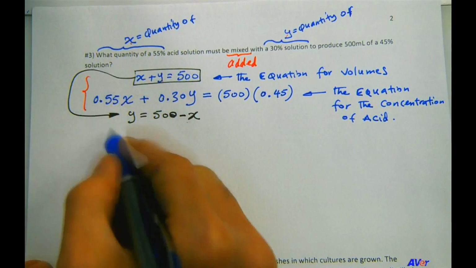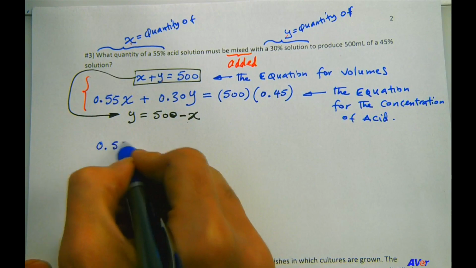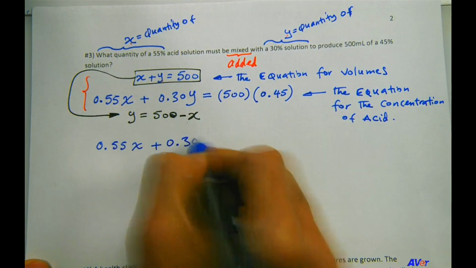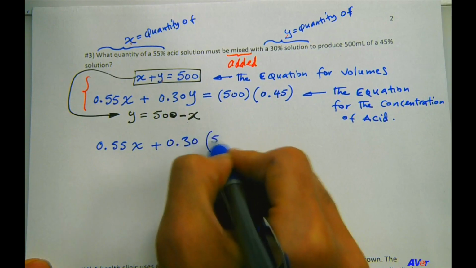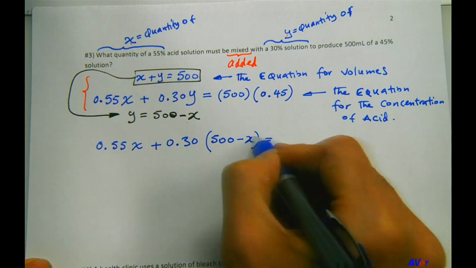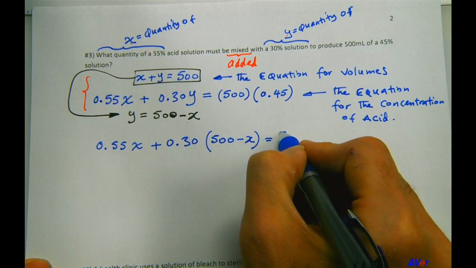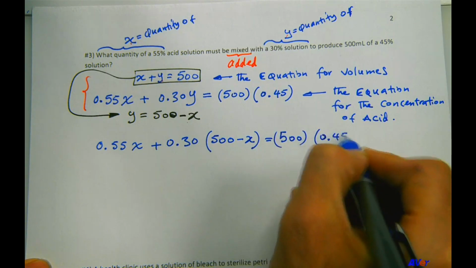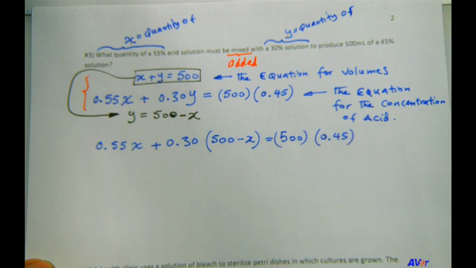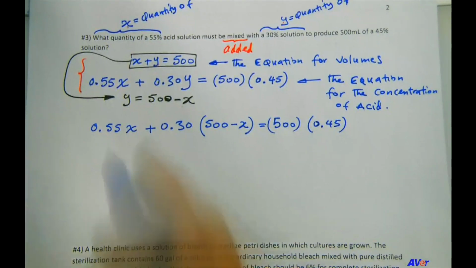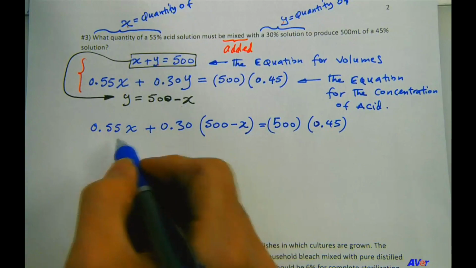So we have 0.55x plus 0.30 times 500 minus x equals 500 times 0.45. Okay. So now we can go ahead and simplify and solve this.